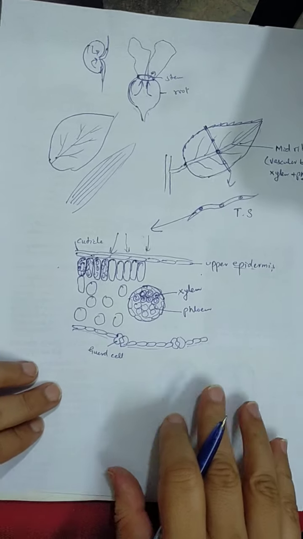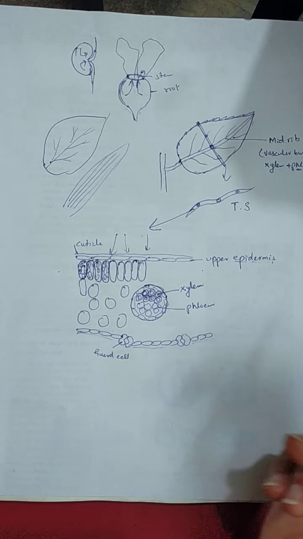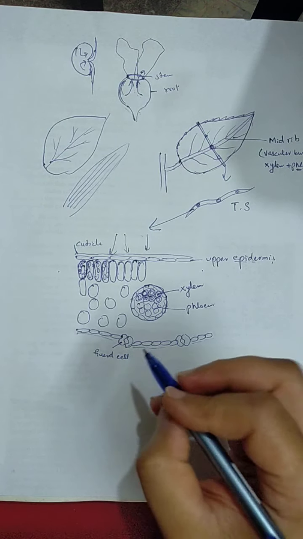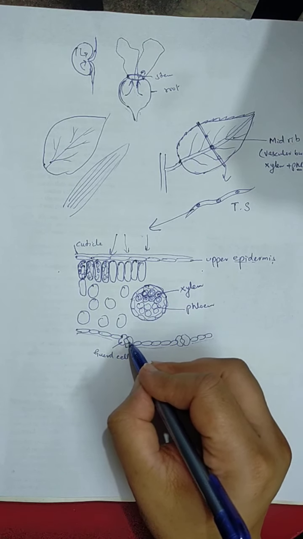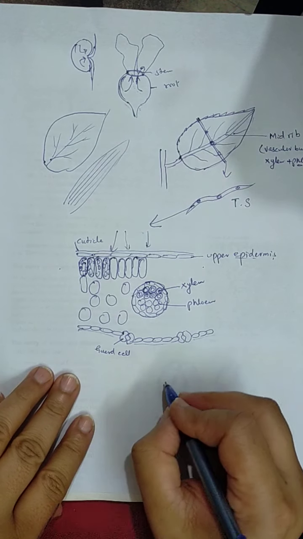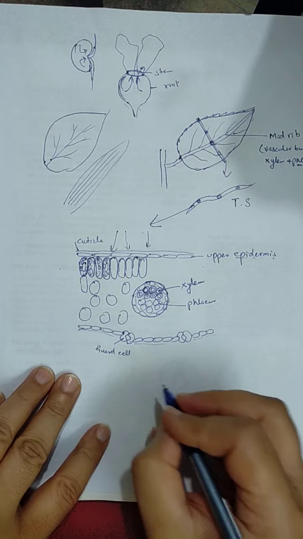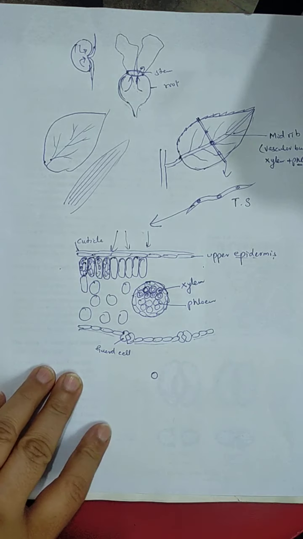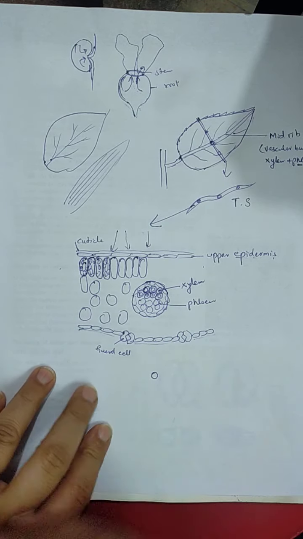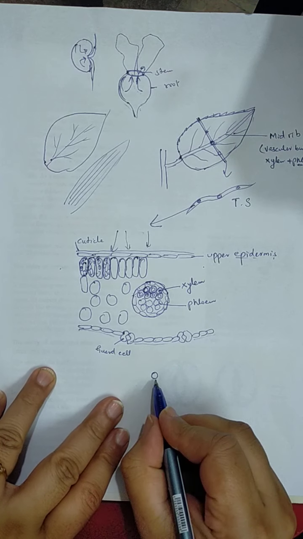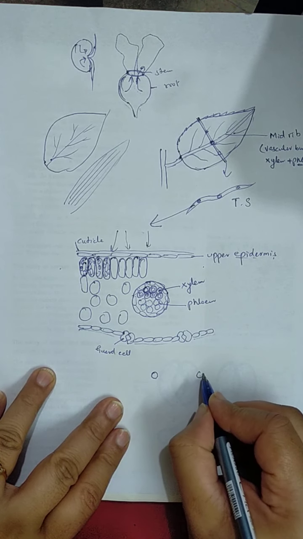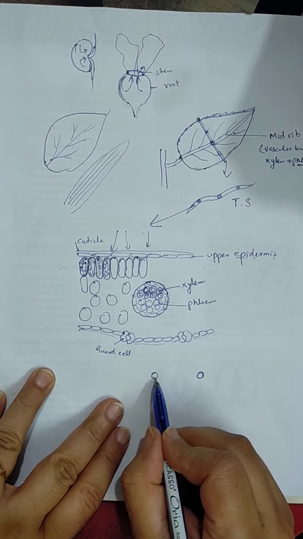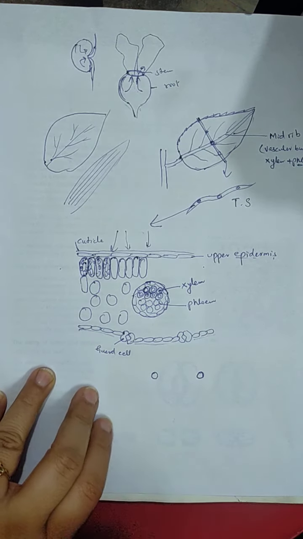In the 7th class or junior classes, you read that plants get carbon dioxide through stomata. What is stomata? The word is stoma. Stoma means a pore or a hole. Stoma is singular; when more than one are present, they are called stomata, the plural of stoma.